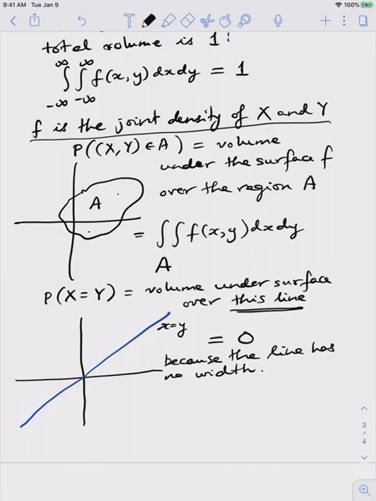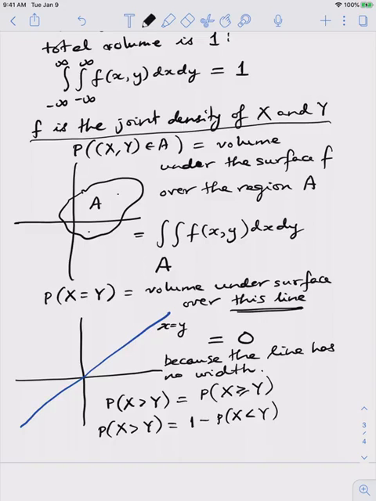And this is actually quite wonderful, because it means that we can write P(x greater than y), and we don't have to worry about whether we should in fact have written P(x greater than or equal to y), because the chance of equality is 0. And so you can write things like probability x greater than y is 1 minus probability x less than y, etc. Very useful.